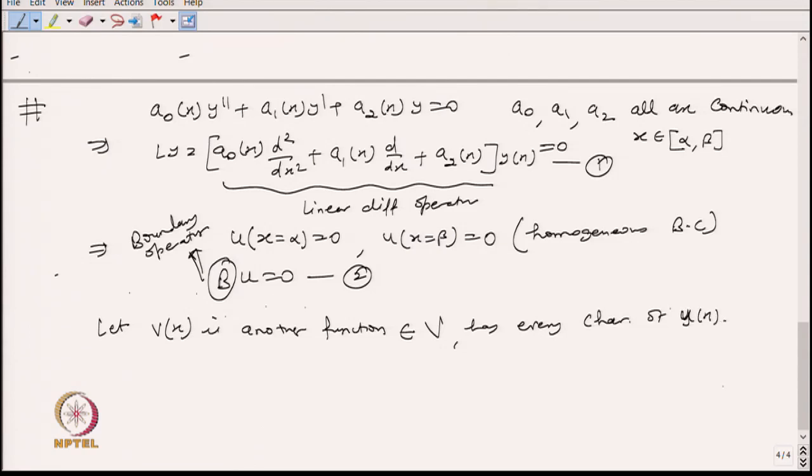Here y is a function of x and v is another function I am choosing.